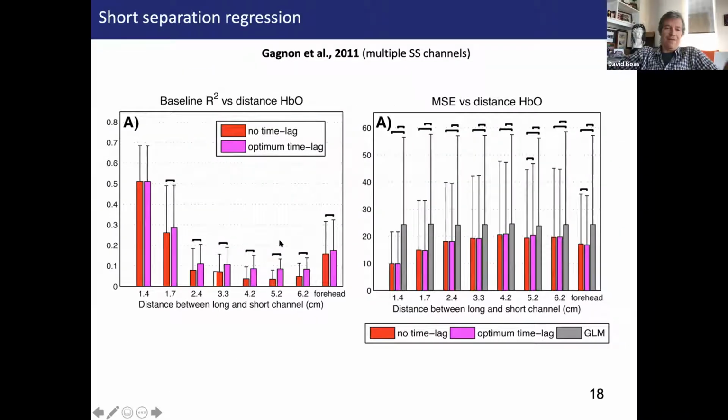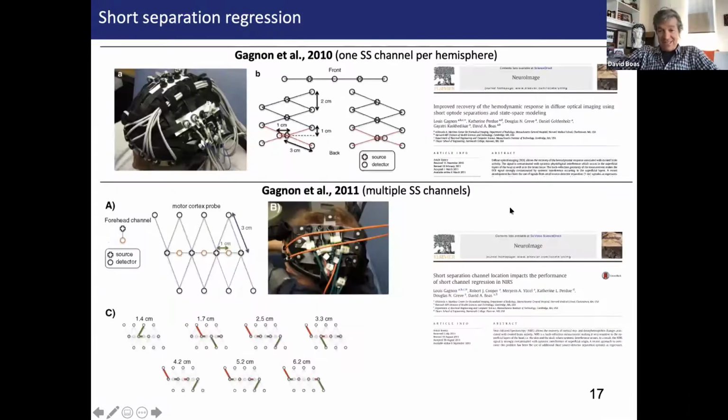And we even quantified how much better you do if you use a short separation measurement that's close to the long separation versus further away from the long separation. And so this is summarizing a lot of what is said in this paper. So you could go to this paper for the details.